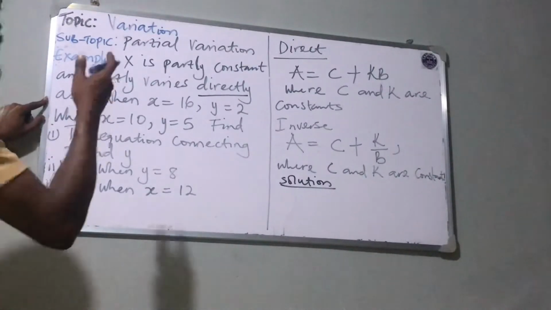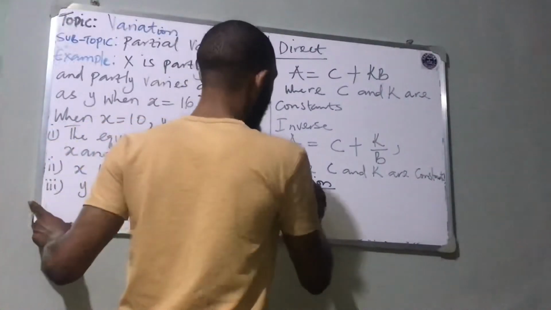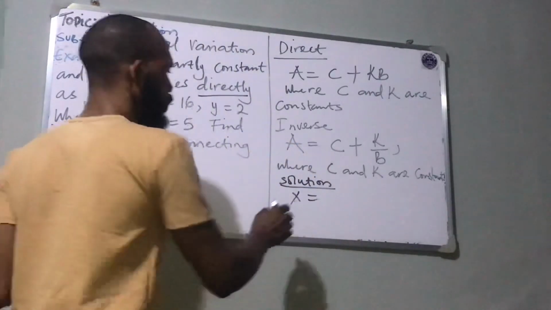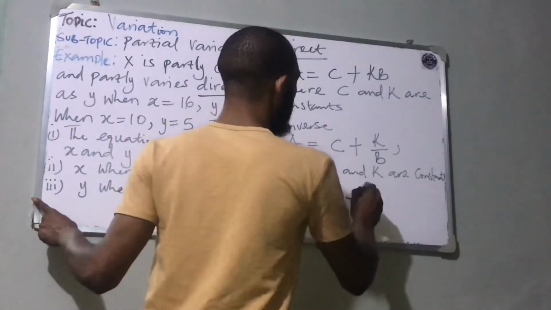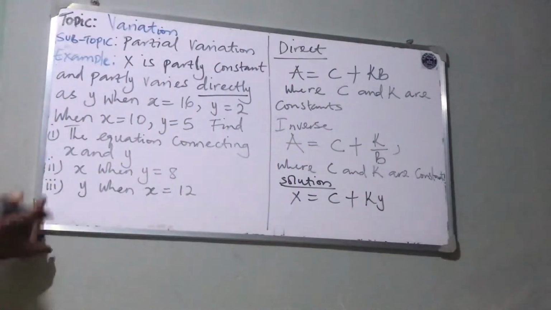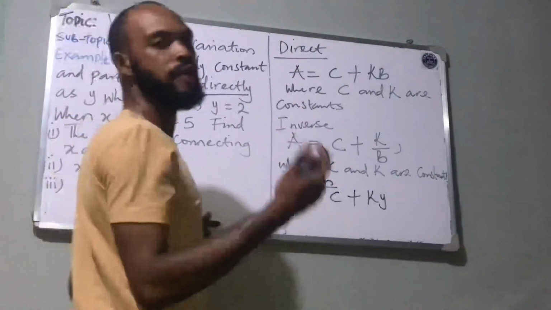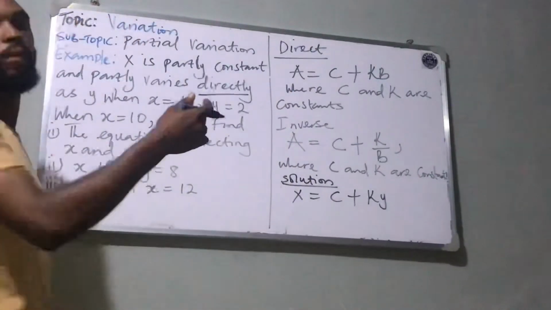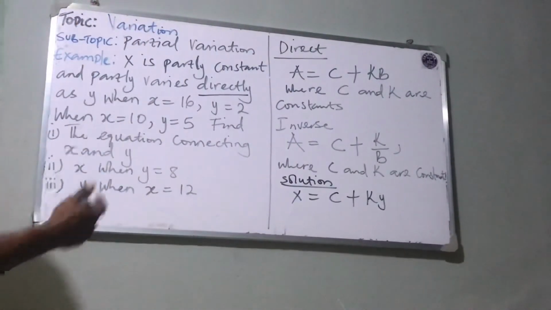X is equals to C plus KY, because we're not using A and B as our variables at this point. That's just the formula. So we're using X and Y from this question.